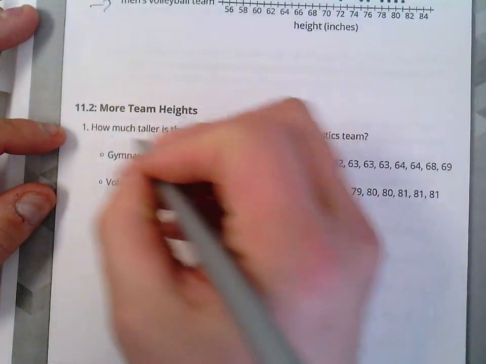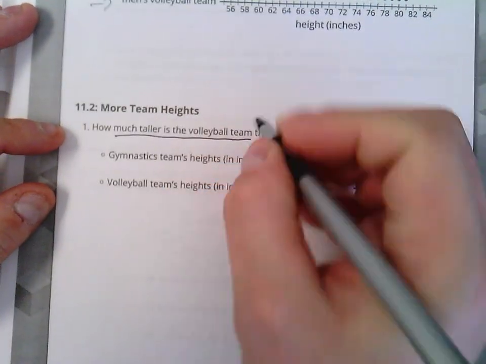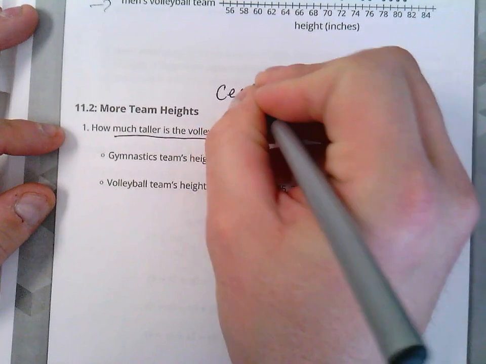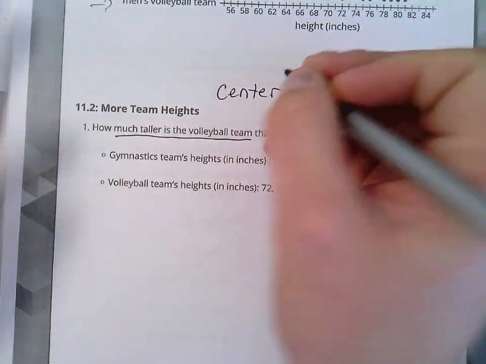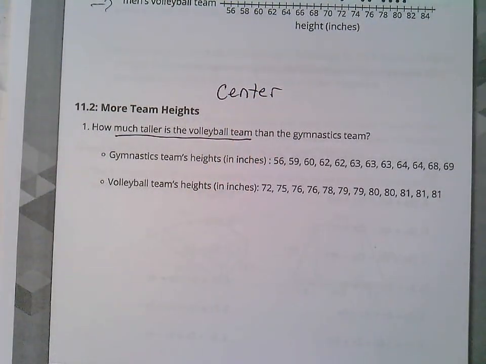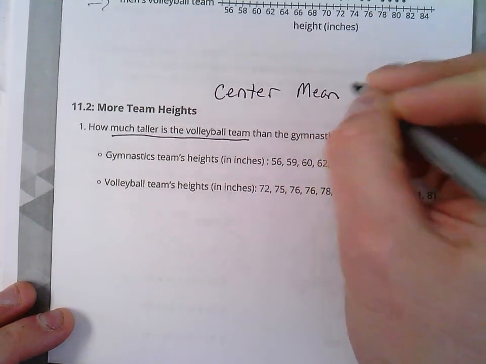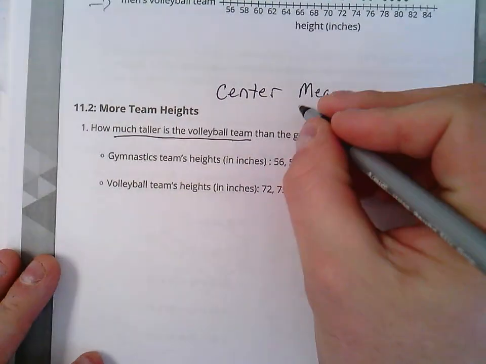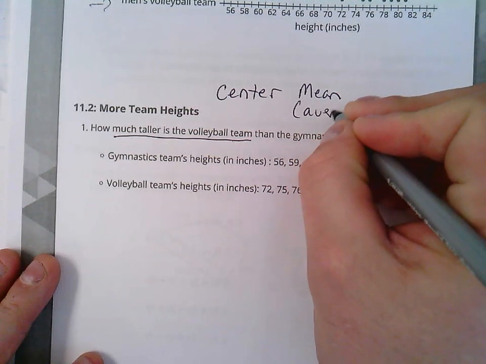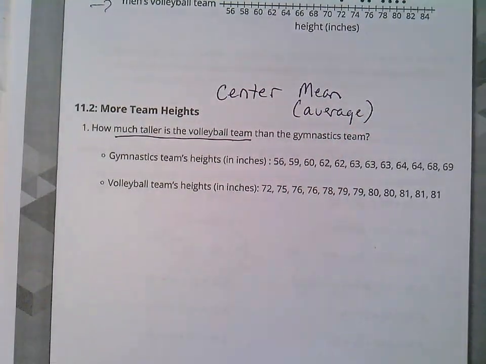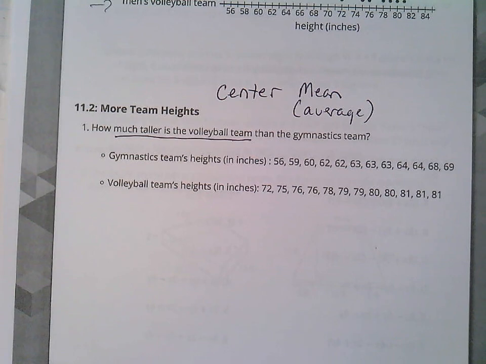Okay. Well, in order to figure out how much taller the team is, there are a lot of different ways you could look at this. We're going to look at the center of the data, the center value. And there are two measures that we use most frequently to determine that center. One is called the mean. Might look familiar. The mean is the mathematical average, kind of similar to how your grade is calculated in this class.